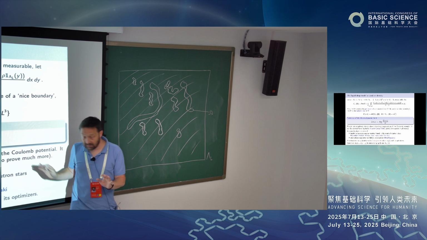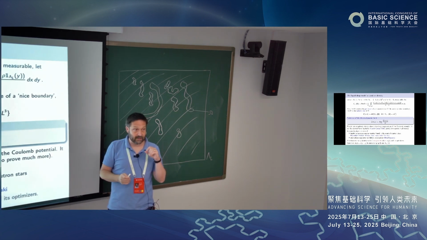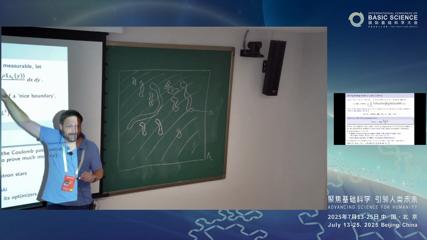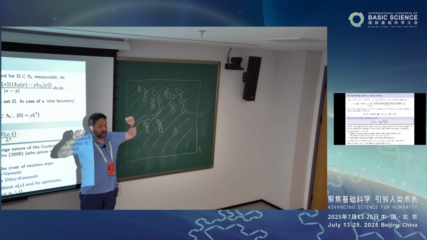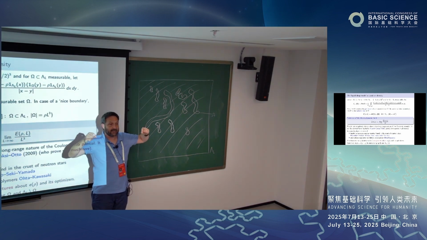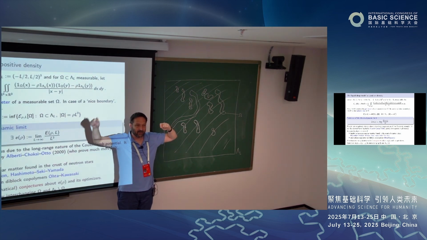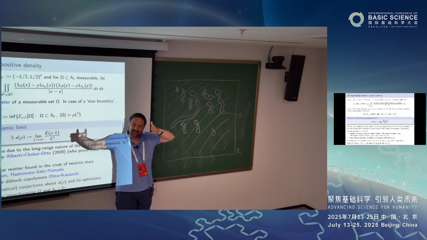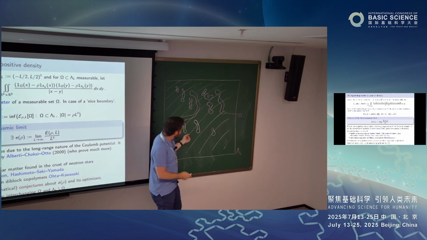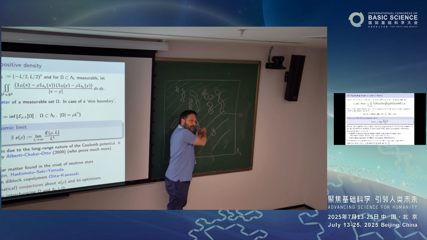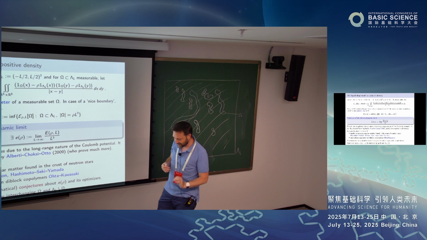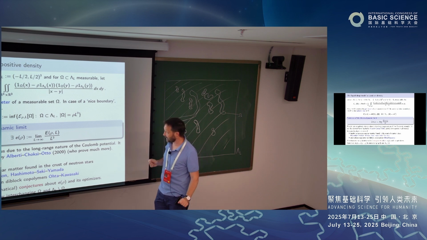Okay, that is not completely trivial because you have 1 over x interactions, and you should think 1 over x is not integrable. It's actually far from integrable, right? 1 over x squared is still not integrable. 1 over x cubed is still not integrable. So you're missing several orders of magnitude, which means that if there's a small defect here, a small change, it affects everything everywhere. That's the long range nature of Coulomb, which makes life complicated.